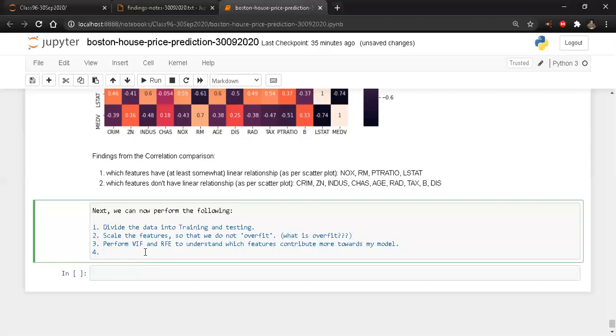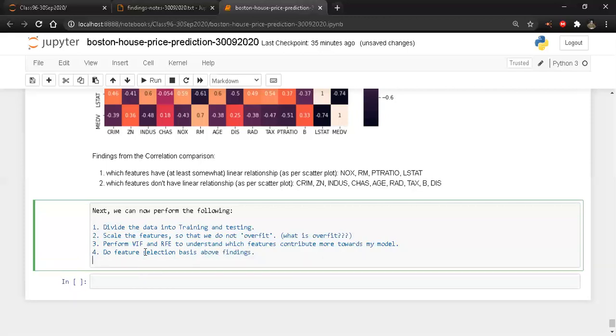So once we are done, then we do feature selection basis the above findings. And then what we are going to do, fit the linear regression models and find the parameters or equation.